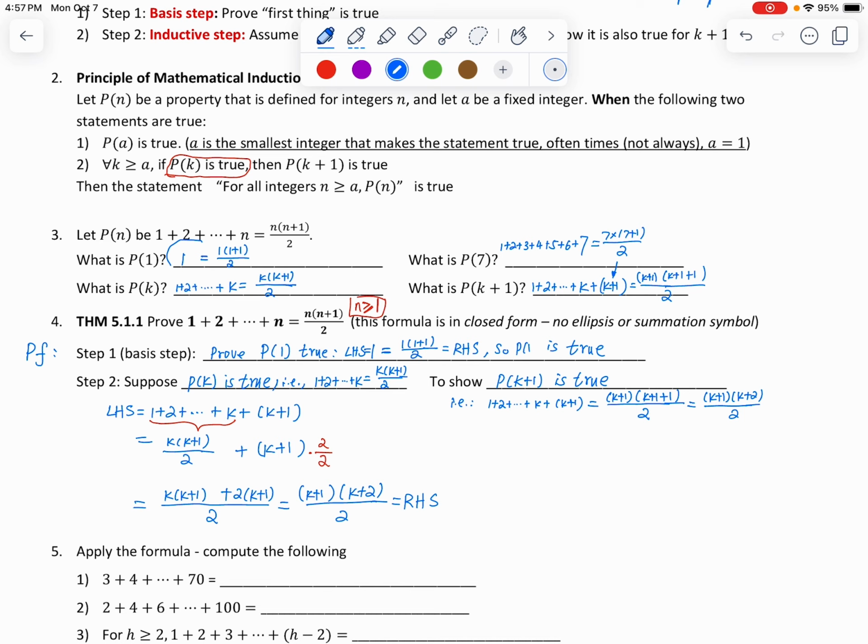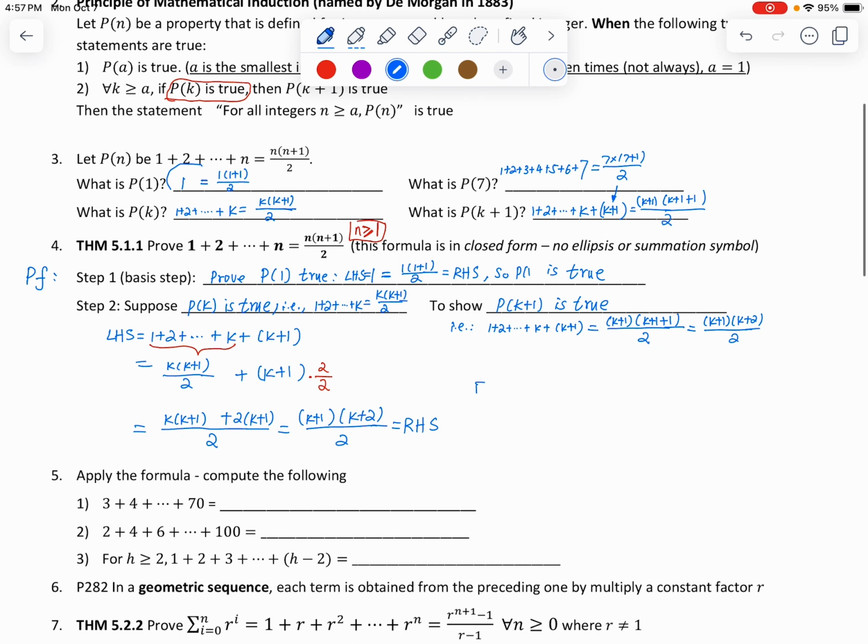So here's the conclusion. Therefore, 1 plus 2 plus up to n is equal to n times n plus 1 divided by 2 is true. I can now claim that it is true for all n greater than or equal to 1. That's the end of the proof.